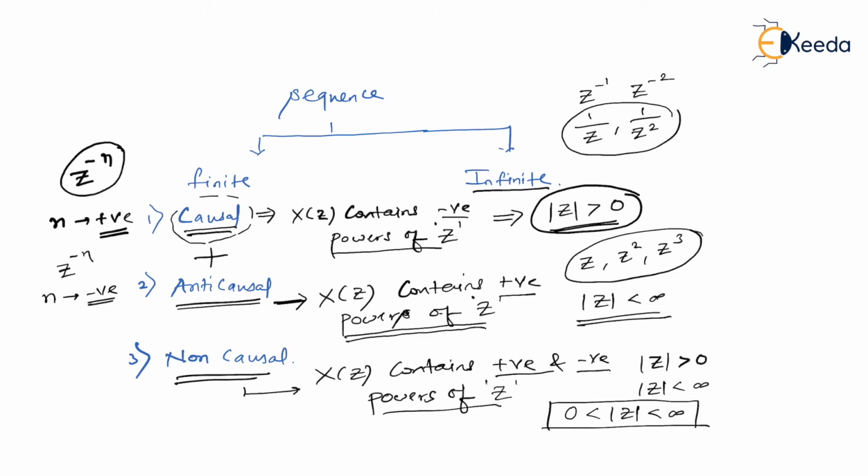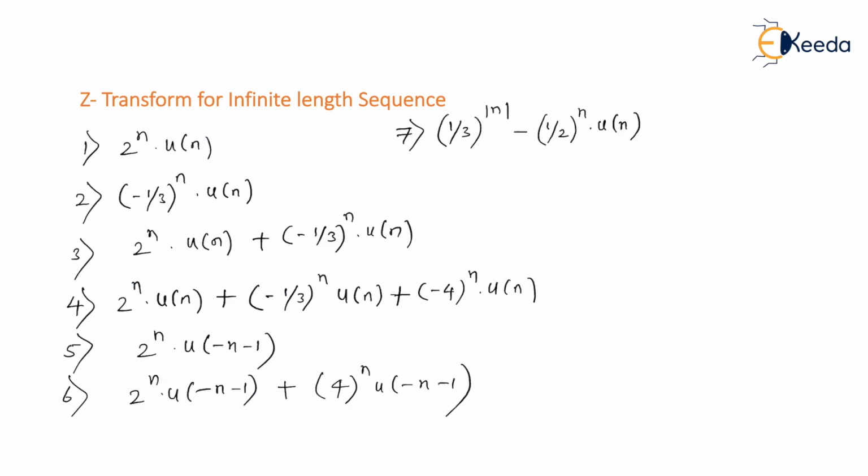Let us start with infinite length sequence. So these are some infinite length sequences. Let me tell you about infinite length sequence. See, for example, I'm talking about u of n. What is u of n? U of n is nothing but a step signal having amplitude equal to 1 at n equal to 0, n equal to 1, n equal to 2, that is all positive values of n. For all negative values of n, u of n is always 0.